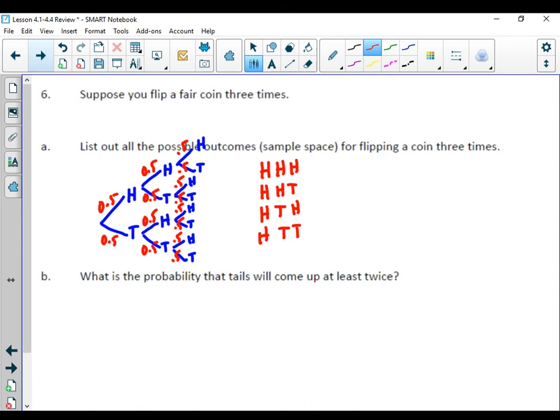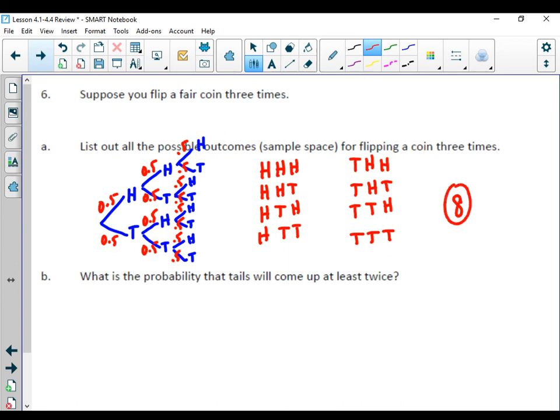Then I can go down to the bottom set of branches. So if I follow along, I have tails, heads, heads, tails, heads, tails, tails, tails, heads, or tails, tails, tails. So it turns out I have 8 different possibilities here.